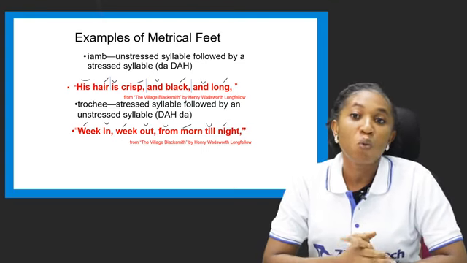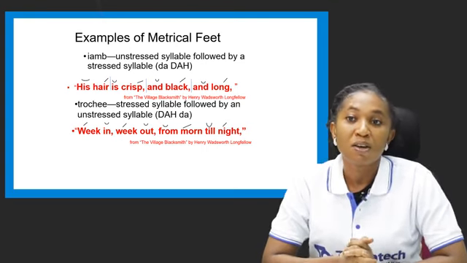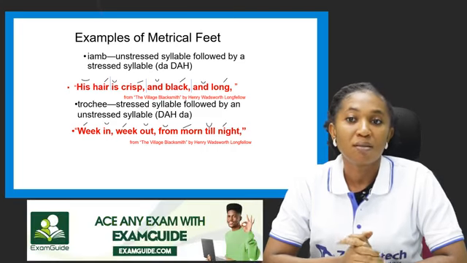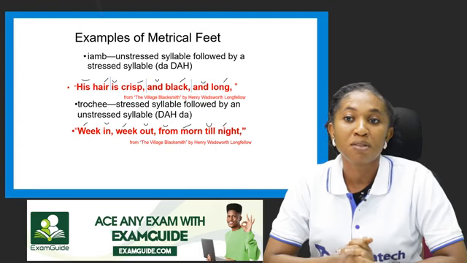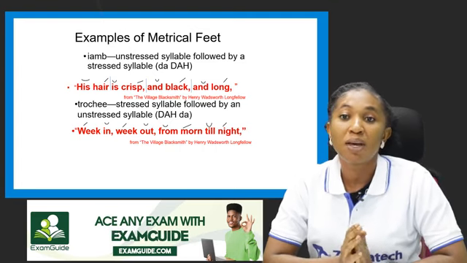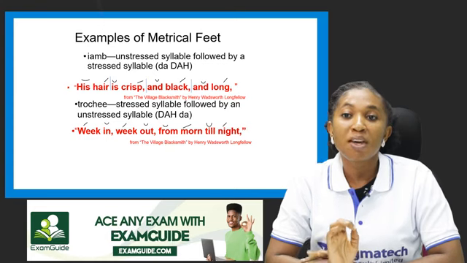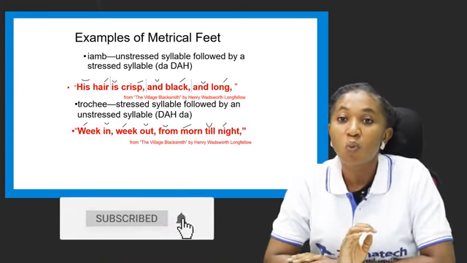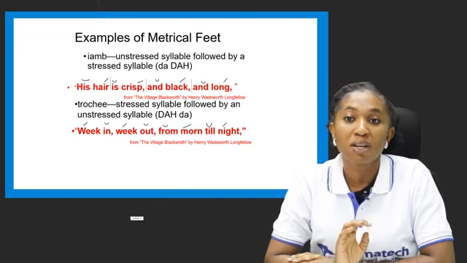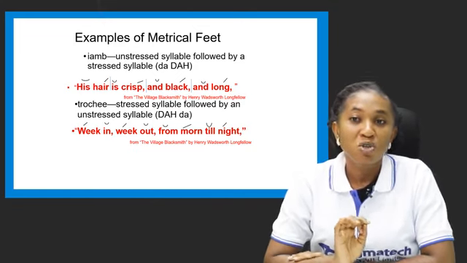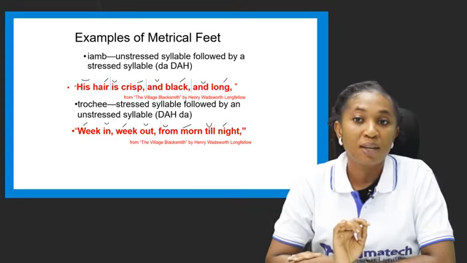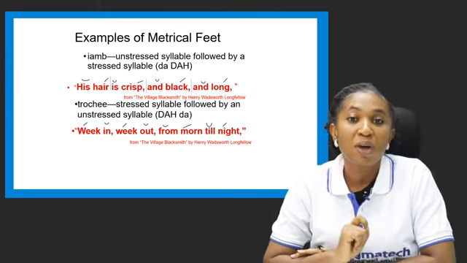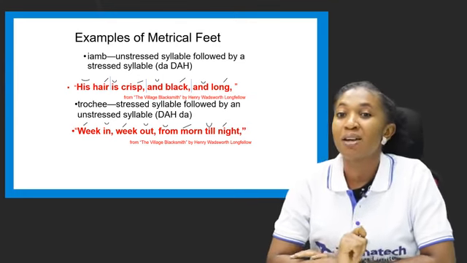For example, we have week in, week out, from morn till night. The trochee metrical foot here is in week in and week out. Look at it. In week in we have a stressed syllable followed by an unstressed syllable.